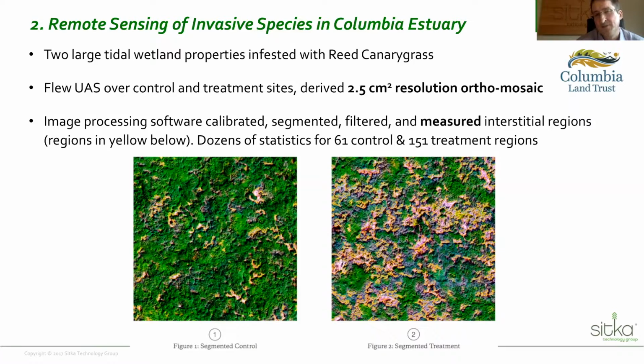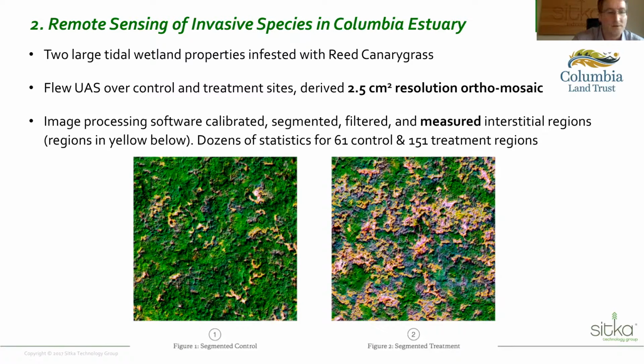It's a little bit hard to see at this scale, but the pink areas are areas where there's been treatment, and then the yellow is kind of a computer applied area, or interstitial regions, that the image processing software detected after the fact. And so that's really the raw material for us to help measure the interstitial areas and to do metric calculations after the fact.